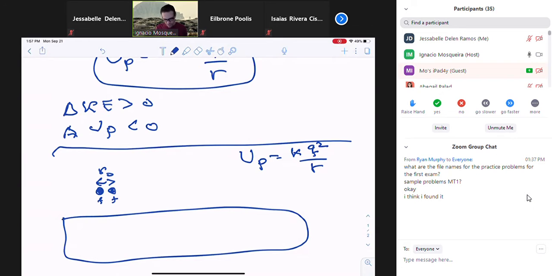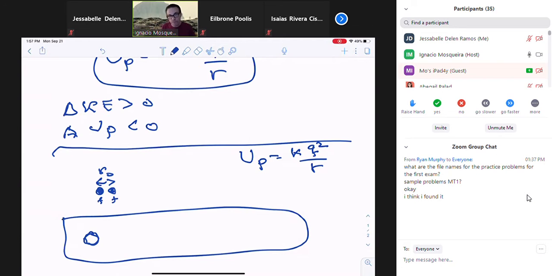Somebody want to put the formula in there, or how would that go? So initially the kinetic energy is 0. Okay, I'll get you started. So I put 0, right? So that's 0 kinetic energy. The protons are not moving. Now you let them go. Now they're going to separate and go off to infinity. And you're asking, what is the speed of the protons at infinity?